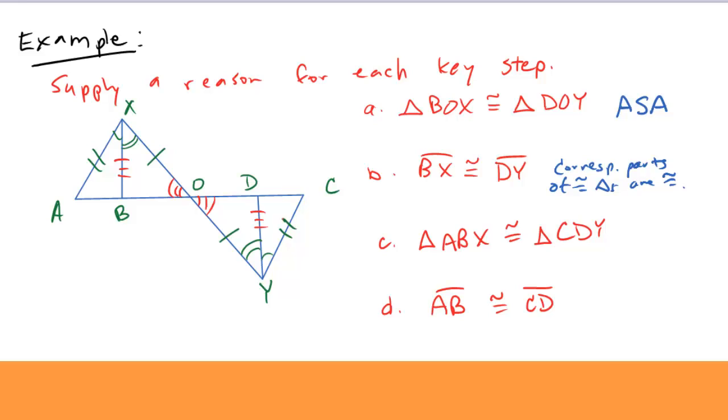So it's going to be side angle side. And then from that we get that AB is congruent to CD because they correspond in those triangles. So corresponding parts of congruent triangles are congruent.